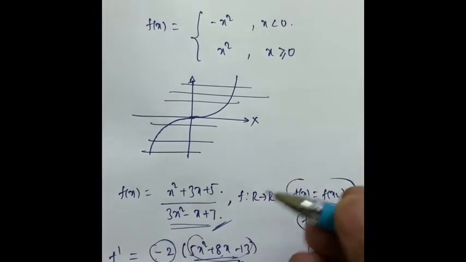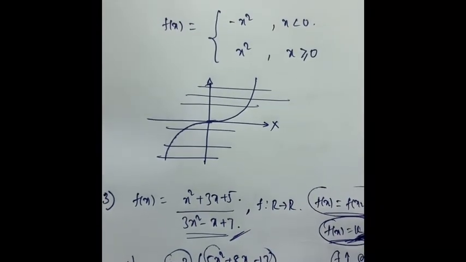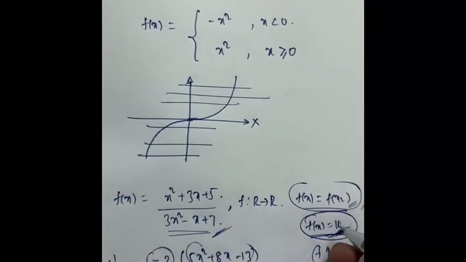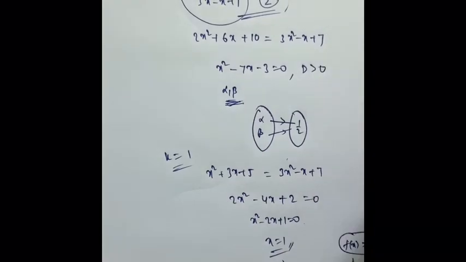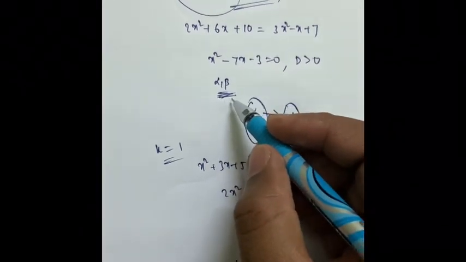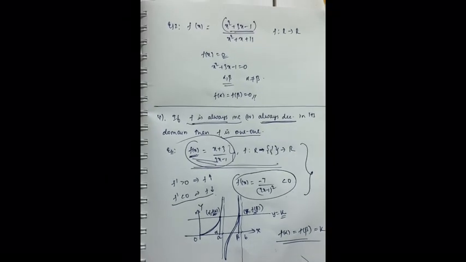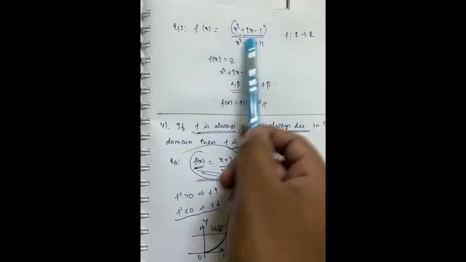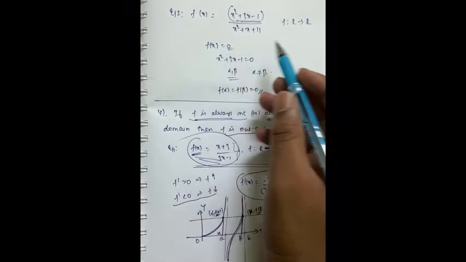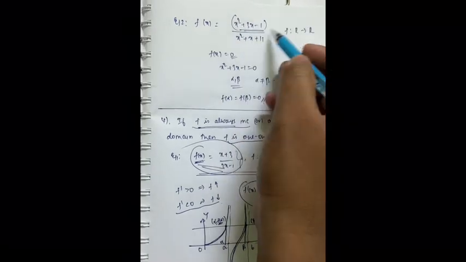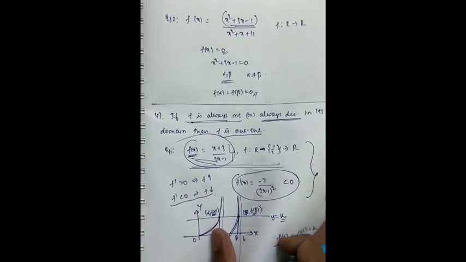Maybe looking at it at first glance, with practice you will intuitively understand. If you can take some value of k such that the equation gets two roots, then it's fine. In some questions, like in this question, the choice of k was straightforward and easy, because you try 0, and you get this function to be 0 at two different values alpha and beta, so it is not 1 1.